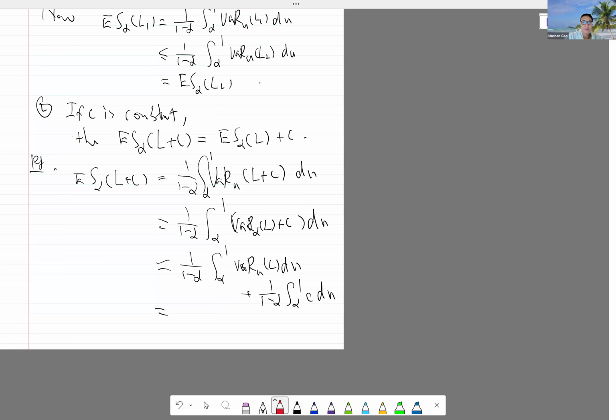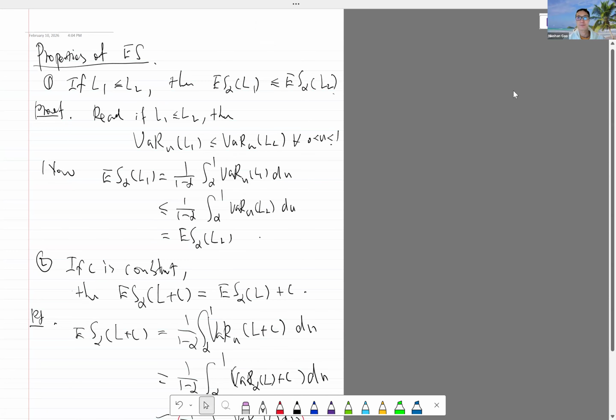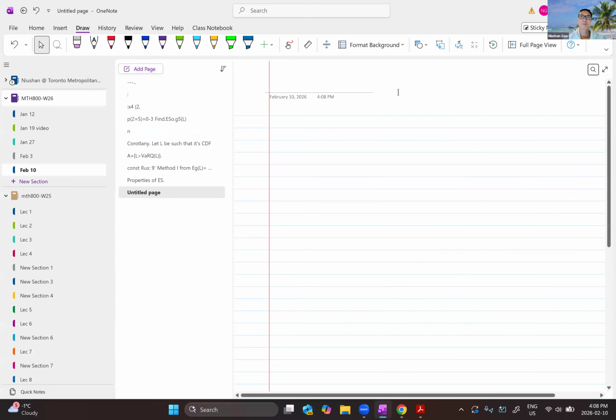And the integral of this is just the average of C, just C, right? By definition, the first one is just expected shortfall of L. And the second one, if you compute the integral of a constant, no problem.